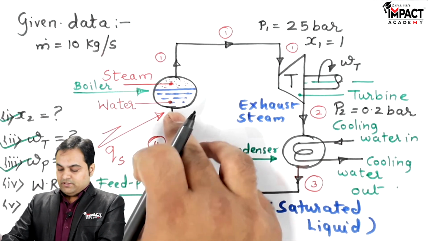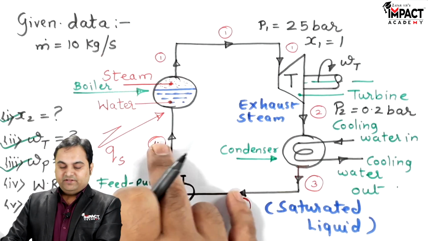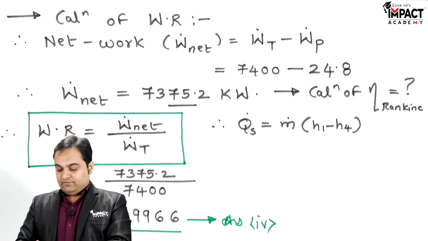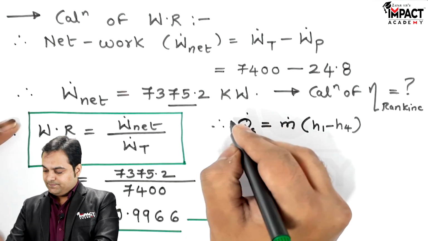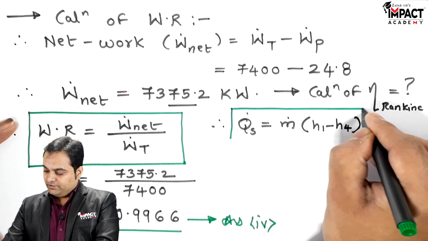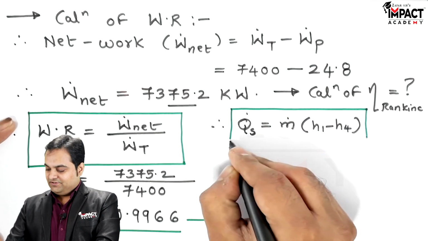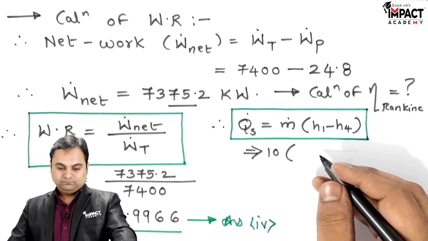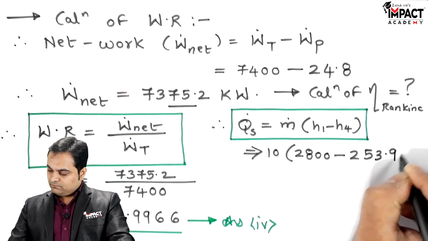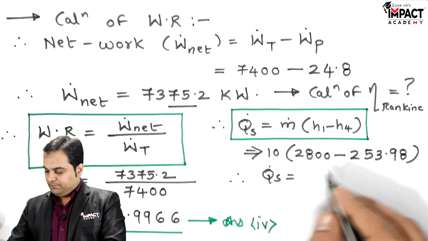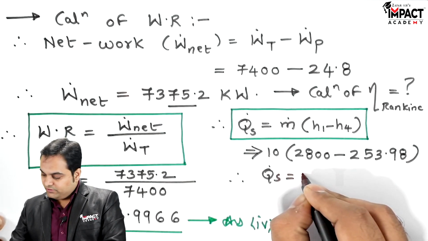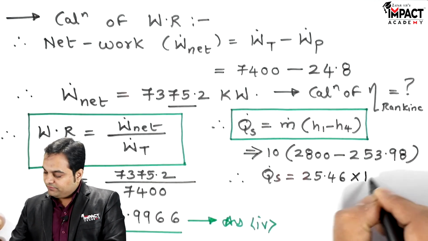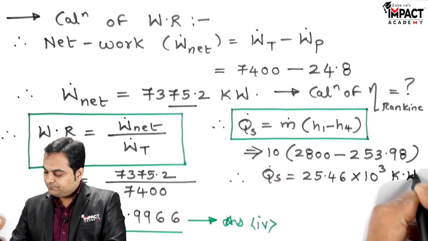So heat is supplied, and that heat supplied is basically H1 minus H4, and heat is rejected in the condenser. So heat supplied in the boiler and heat rejected in the condenser. Now putting the values over here. So the heat supplied is 25.46 into 10 raised to 3 kilowatts.